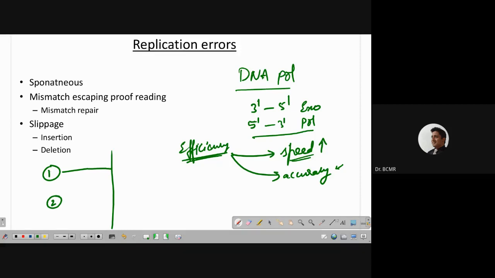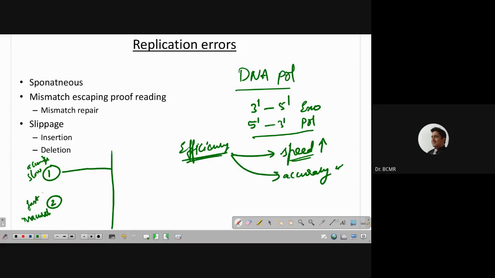In cell 1, DNA polymerase is very accurate, but slow. Whereas in bacterium 2, it is fast but inaccurate.